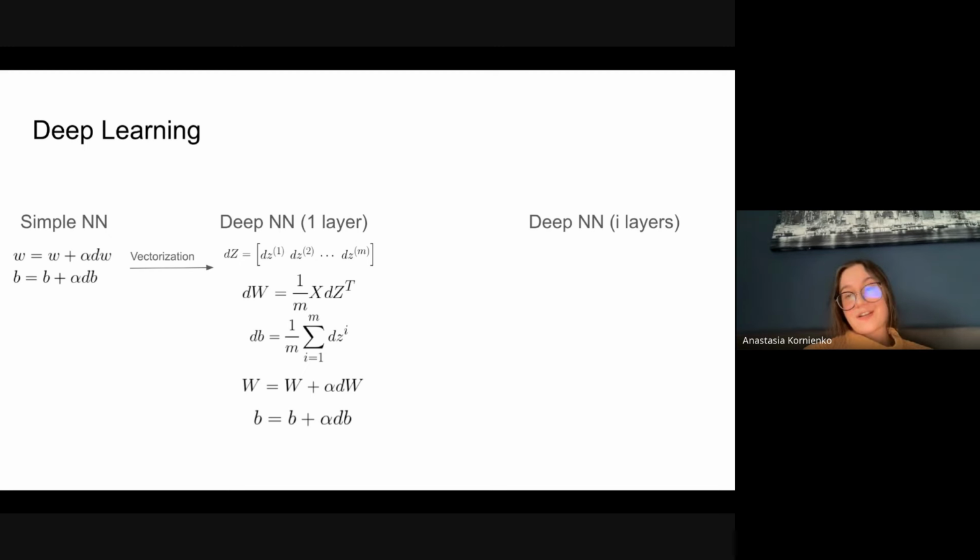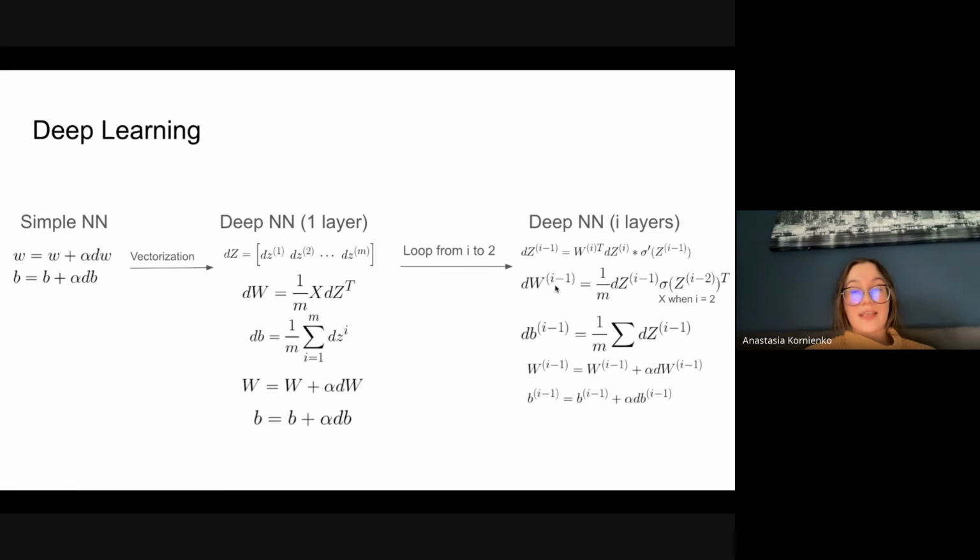For a deep NN with I layers, it's the same. It's a loop, but in the opposite direction. It starts from the last layer and goes to the first layer, calculates derivatives for each layer and makes updates for each layer.